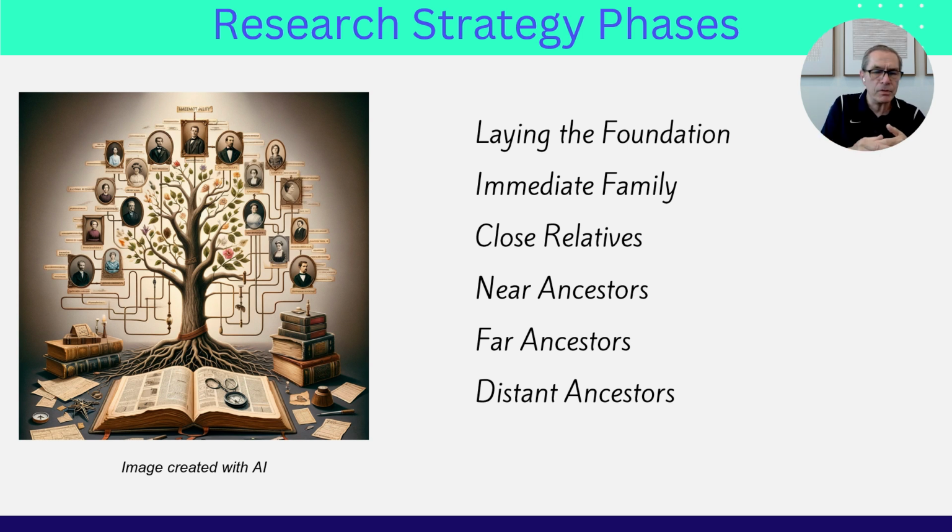Then we go to near ancestors, 0 to 200 years, far ancestors, 200 to 400 years, and distant ancestors over 400 years ago. That's how we can work out a very structured approach, and if you do it this way, you will have a tree that stands the test of time.